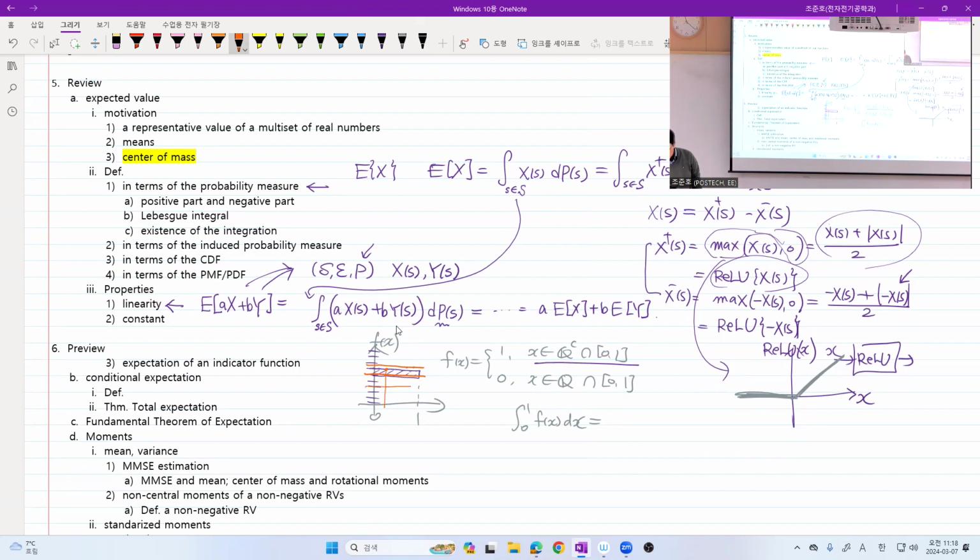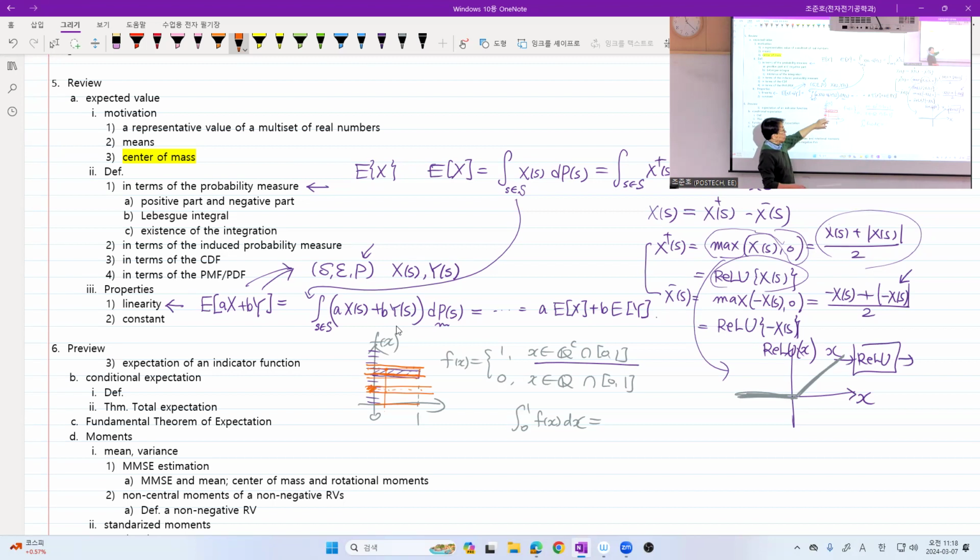For example, in this interval, there is no x that gives you some value near this y value, right? So it does not contribute. However, in this case, now you have the entire interval from 0 to 1 for irrational cases corresponding.